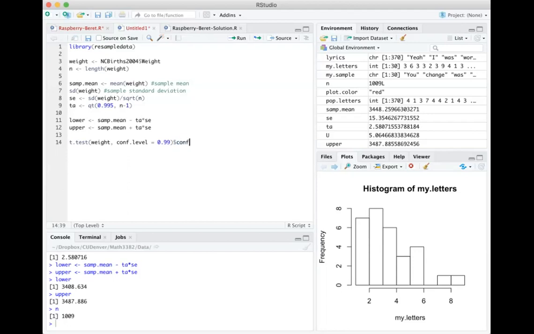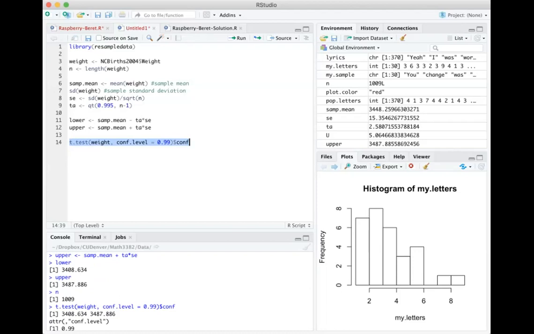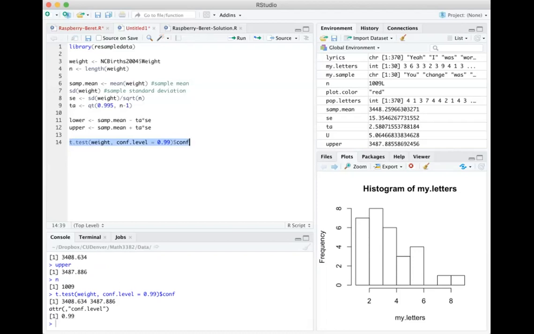When we run this, we should expect to get similar estimates to our work above. And you can see here, we get exactly the same output, that it goes from 3,408.6 to 3,487.9.